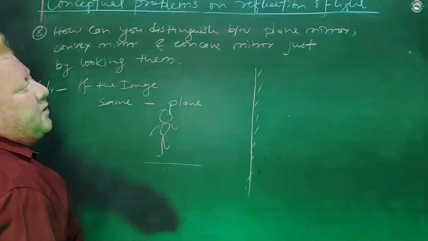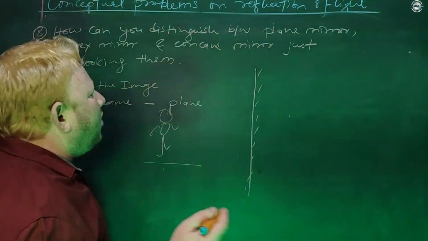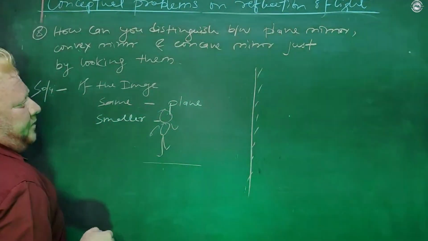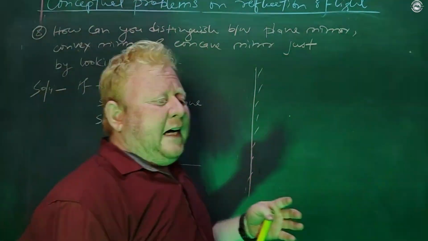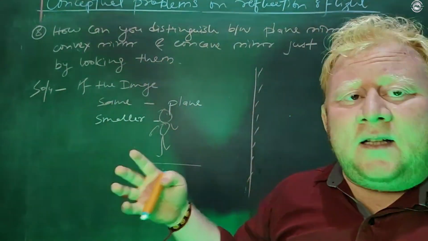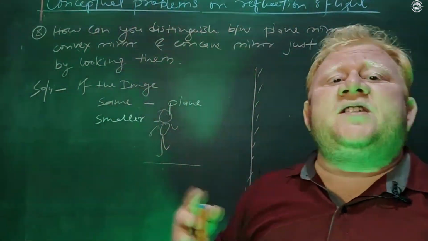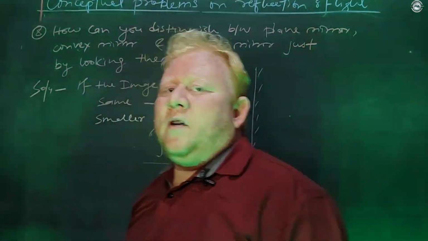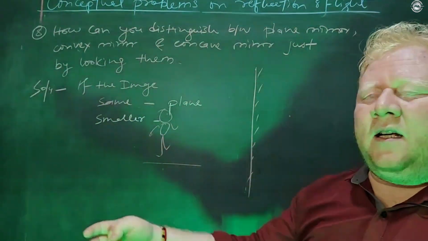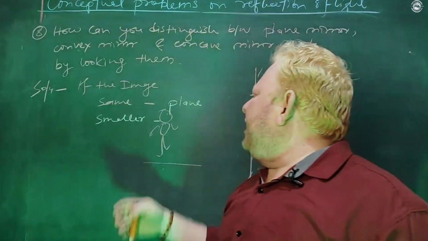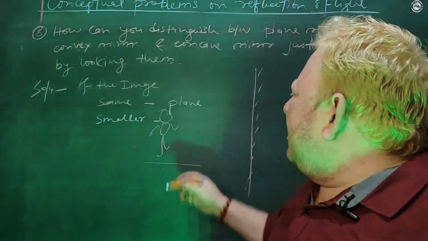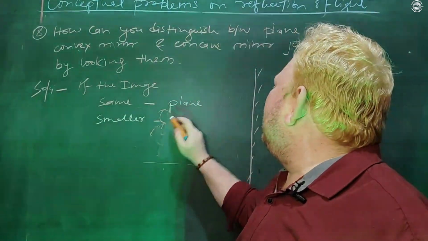But if the size of my image is smaller, and in further changing the position, like coming forward, coming backward from the mirror, we are seeing that my image is coming smaller in all possible cases, so the given mirror is convex.